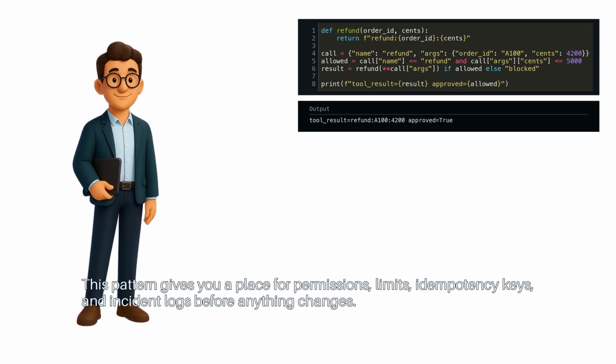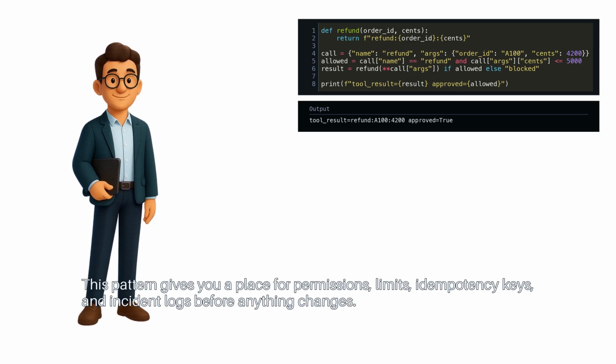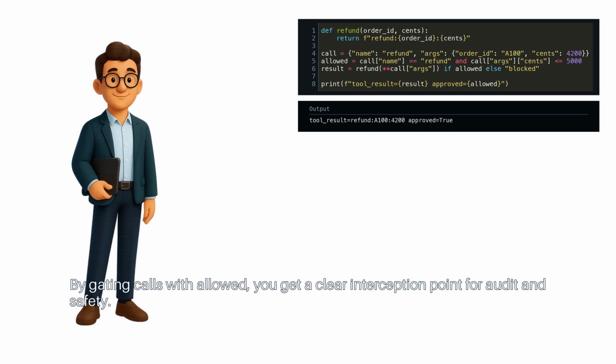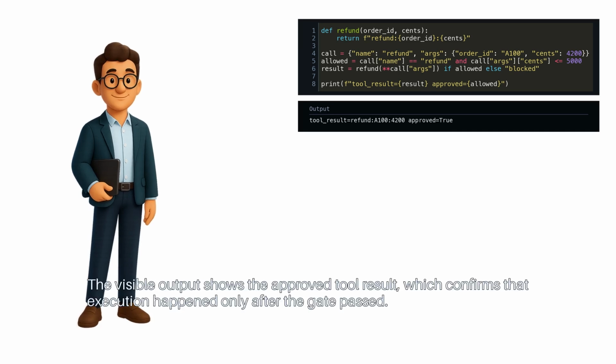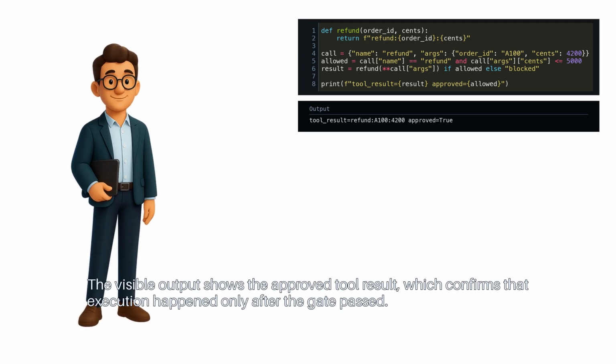This pattern gives you a place for permissions, limits, idempotency keys, and incident logs before anything changes. By gating calls with allowed, you get a clear interception point for audit and safety. The visible output shows the approved tool result, which confirms that execution happened only after the gate passed.